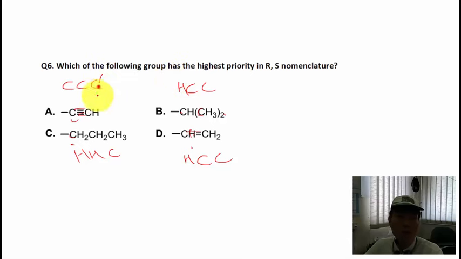All of them use the carbon to fight, the highest proton number. Next, we can see A is the answer.